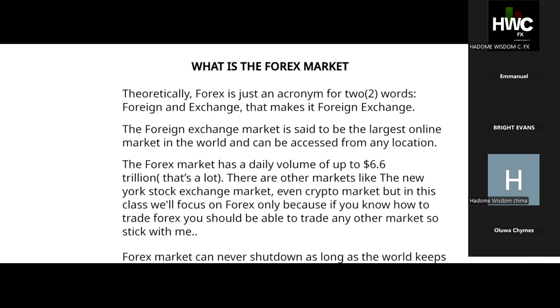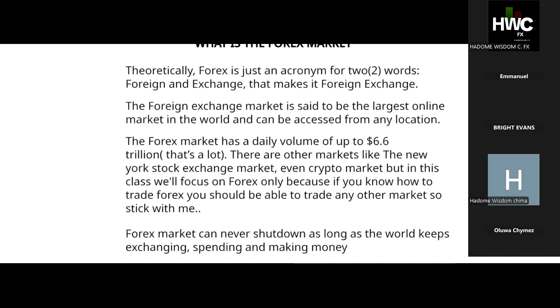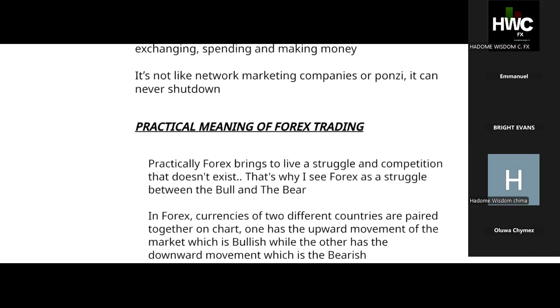Now this part breaks it down. That was why I sent this same PDF to our group. I believe when you've read that one, you will gain more understanding on it.